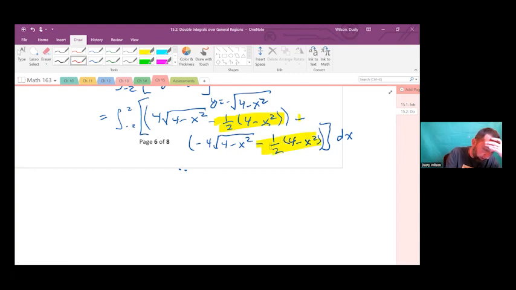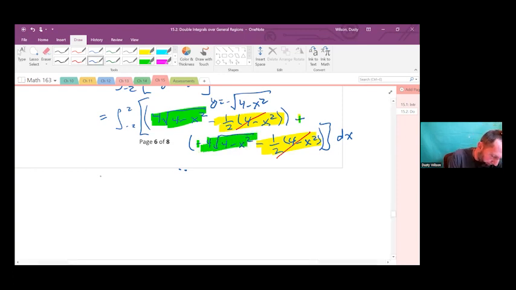So those are going to cancel out. And then we have 4 root 4 minus x squared plus 4 root 4 minus x squared. So altogether we have the integral from -2 to 2 of 8 root 4 minus x squared dx.